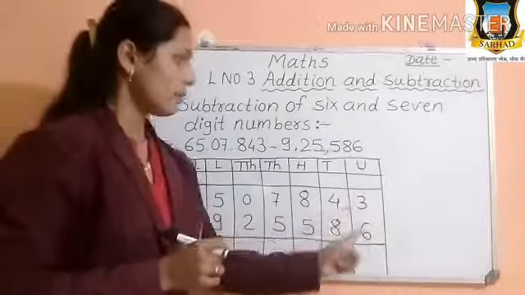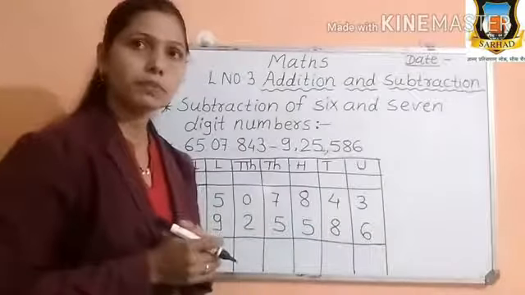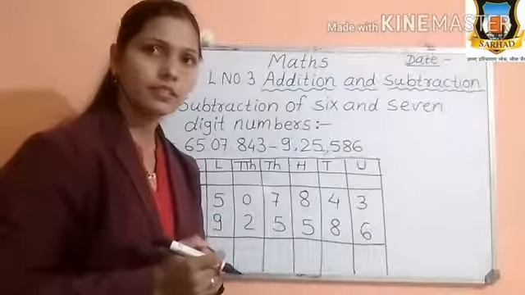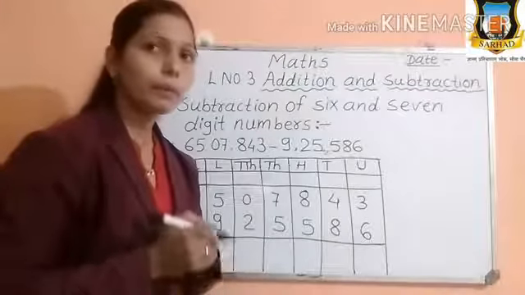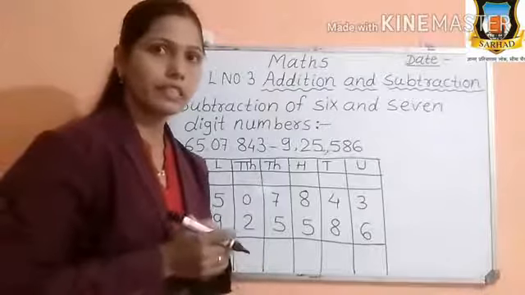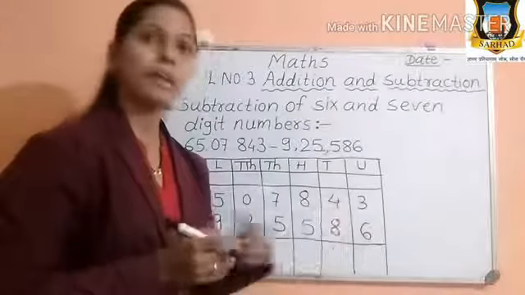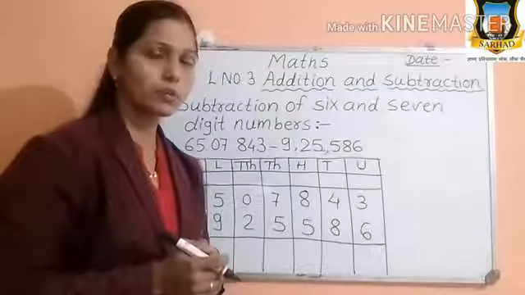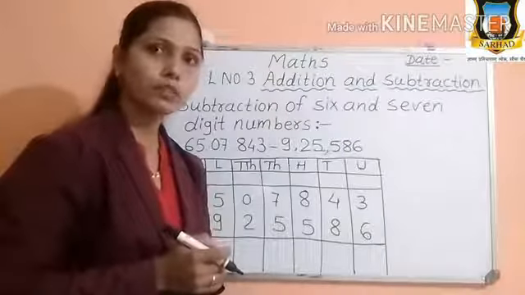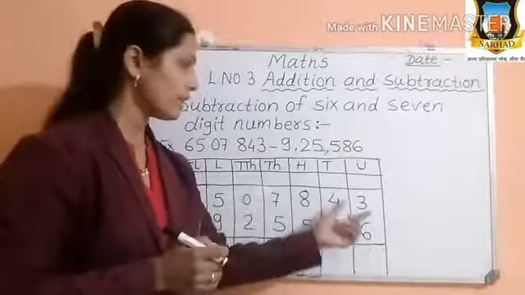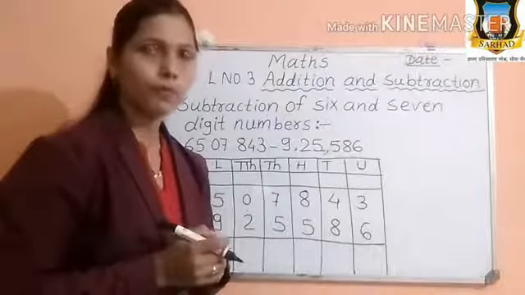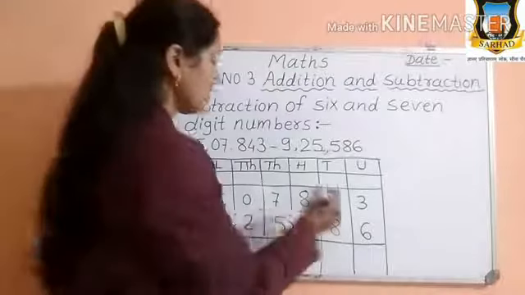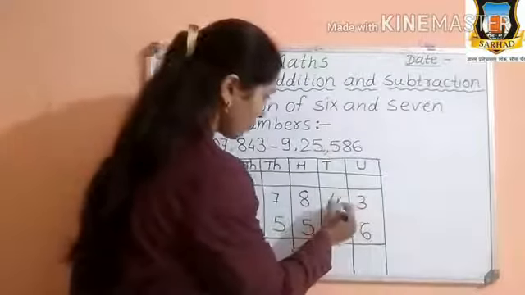See, 3 minus 6. Is it possible to subtract 6 from 3? No. Why? Because 6 is greater than 3 and we cannot subtract a greater number from a smaller number. So what do we have to do here? We take one borrow from the next number, which is 4.